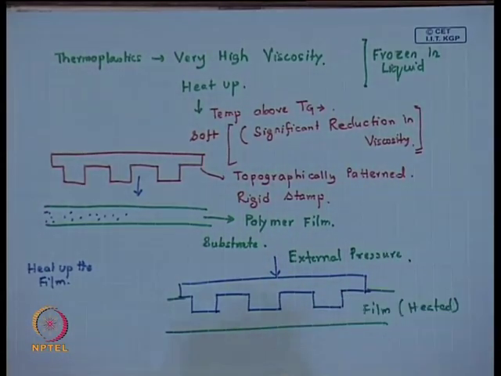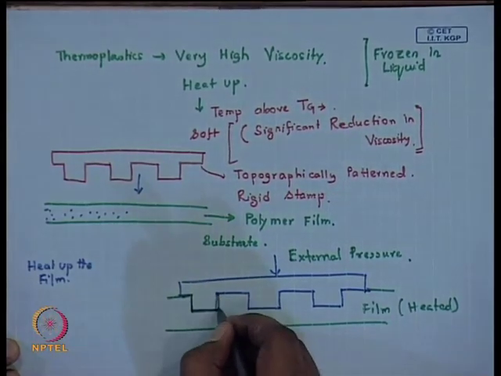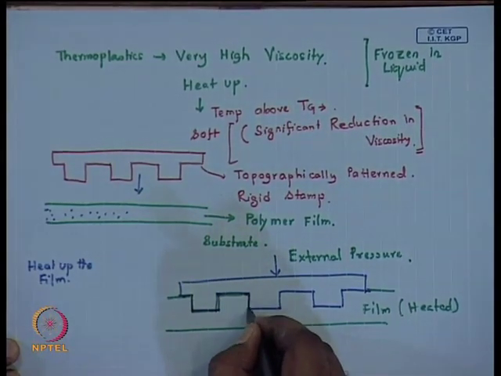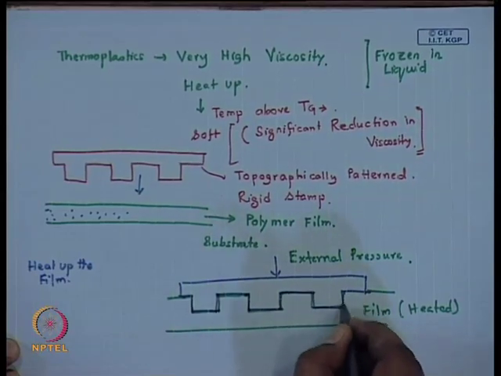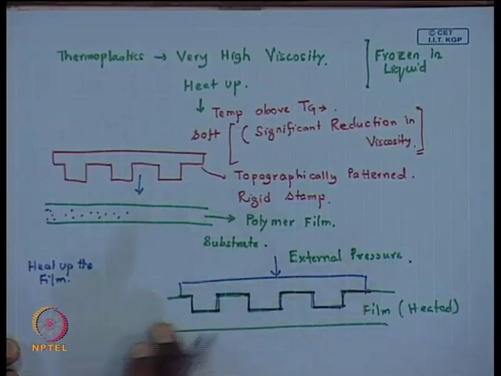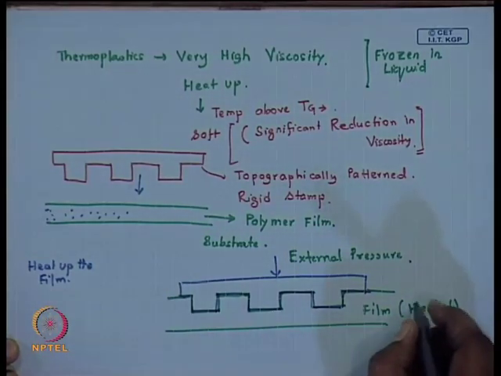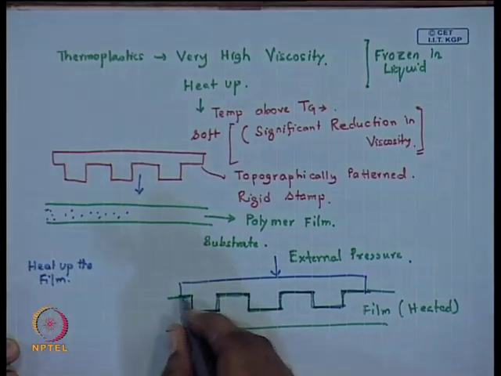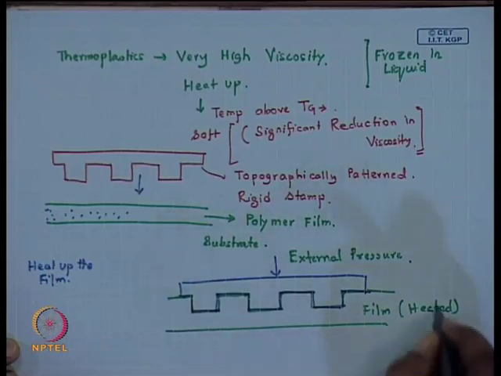So, since this is now simple, since you are pressing a structured mold against a liquefied and molten film, the liquid will try to follow the contours of the patterned mold, and all you do, after reaching this stage where a perfect negative replica of the stamp pattern has formed on the liquid film, is you just cool it down.